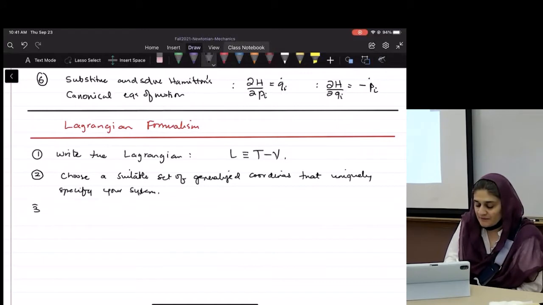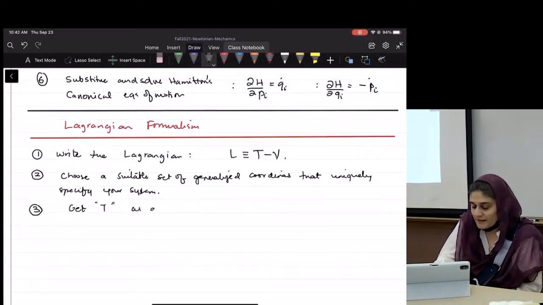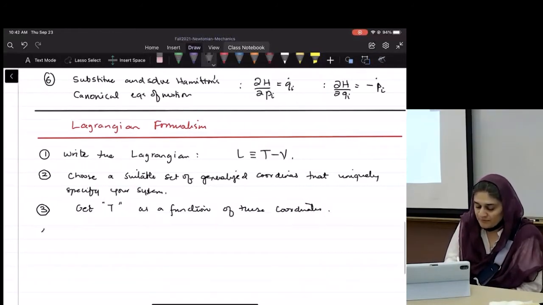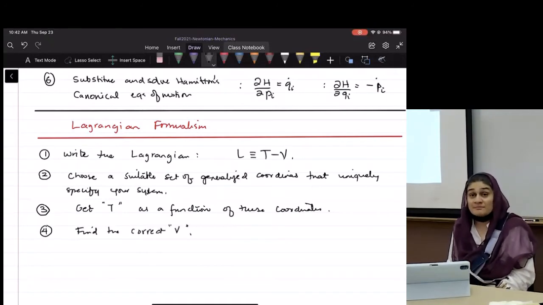Number three, get kinetic energy as a function of these coordinates. Number four, find the correct V depending on your system.